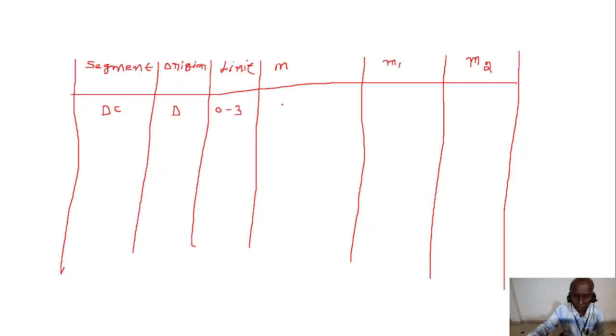The moment due to external load is 0, and m1 is also 0, because the unit load R1 passes through DC.